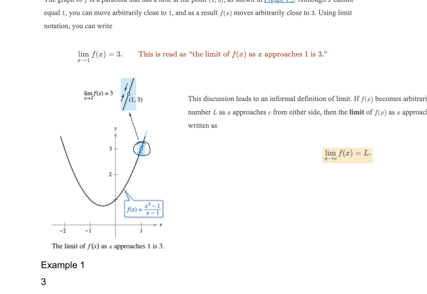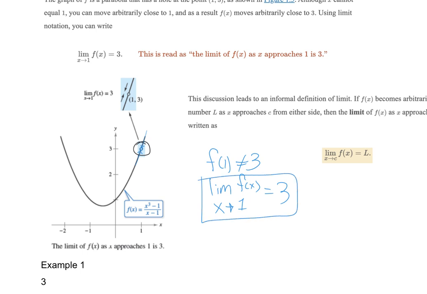So f of 1 does not equal 3, but the limit of f of x as x approaches 1 equals 3. So this limit exists even though the function doesn't exist at that point.